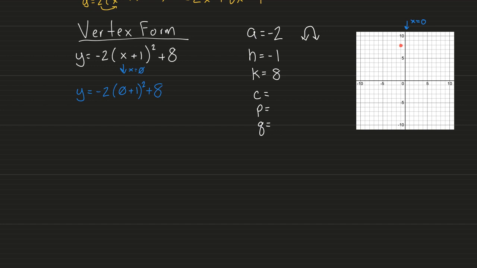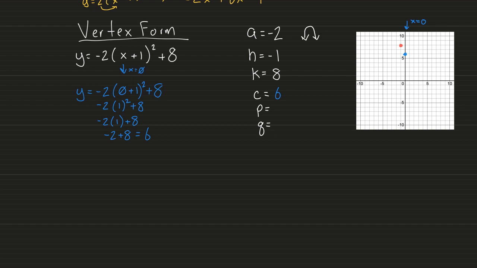So let's see, 0 plus 1 is 1. Not too bad so far. 1 squared is just 1. Still not bad. Negative 2 times 1 is negative 2, plus 8. And then that comes out to positive 6. So we're able to throw that on the graph there. And that lines up with what we're expecting because we're thinking this is going to curve down.